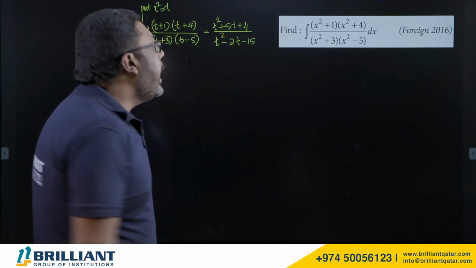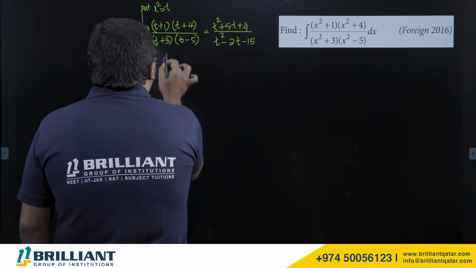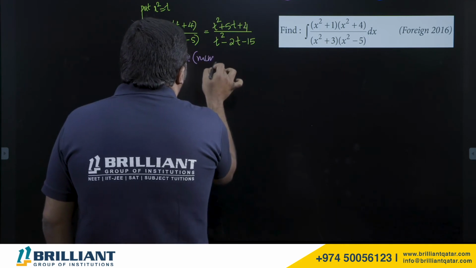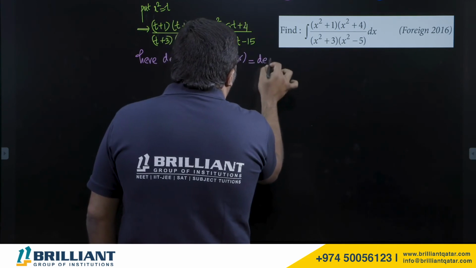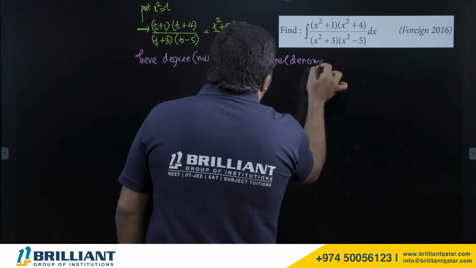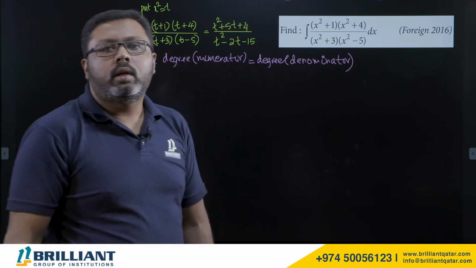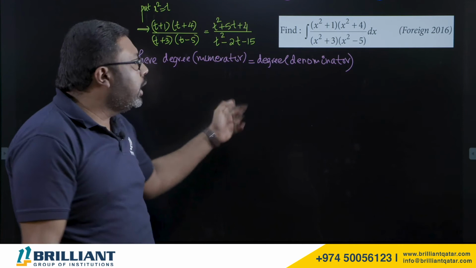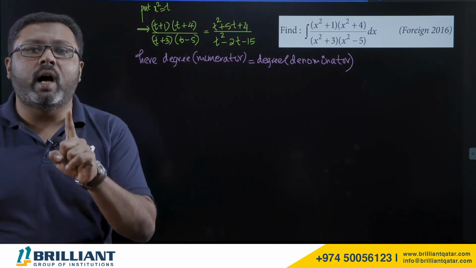Here the degree of numerator equals the degree of denominator. So the method of partial fraction is not going to work, my dear students. In this case, you have to divide.